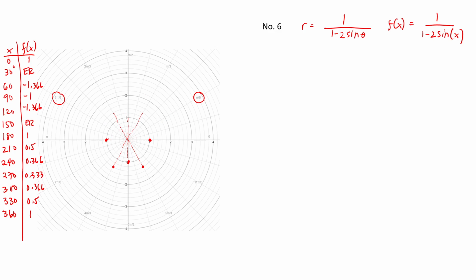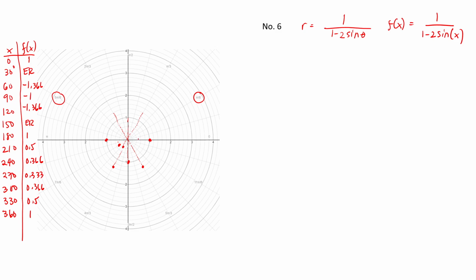Then 210 is 0.5, then 0.4, then 0.5. 240 is 0.4. So let's say muna siya 0.4.